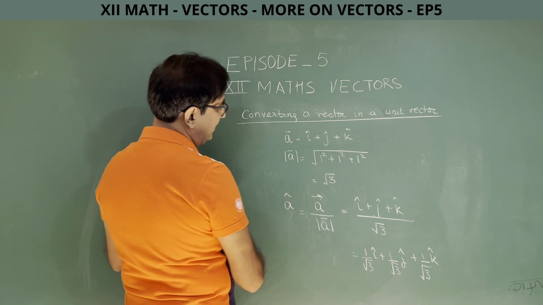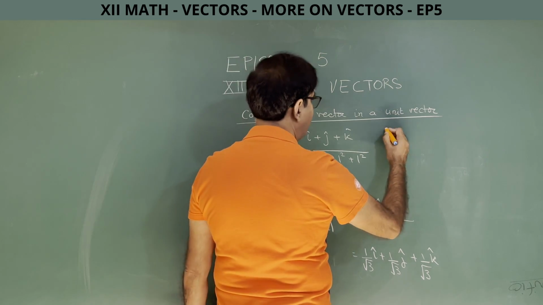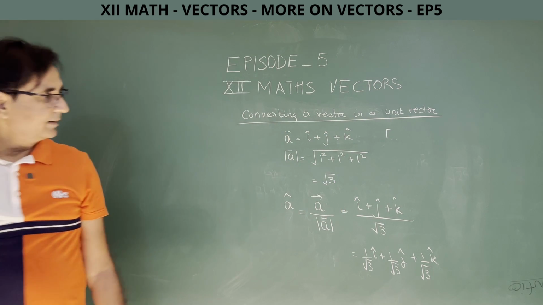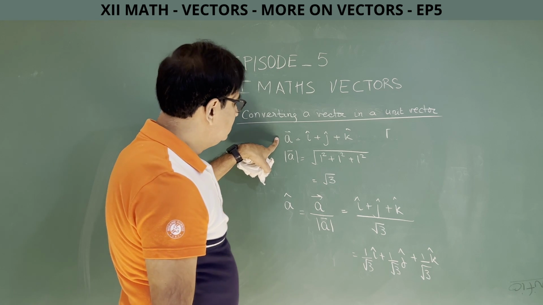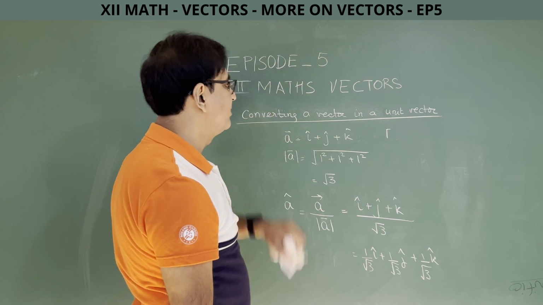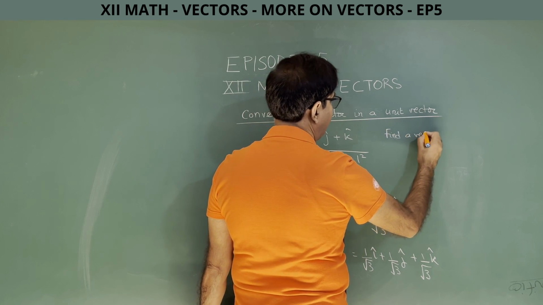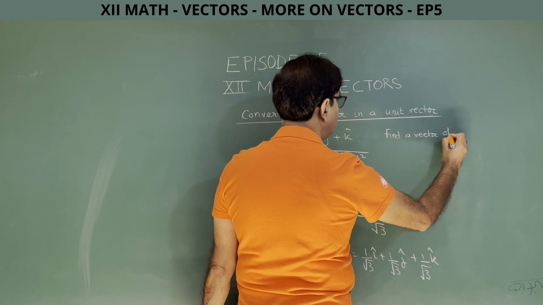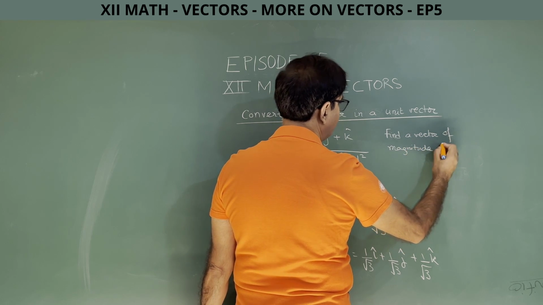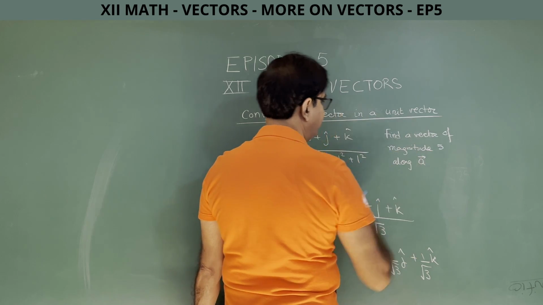Now, I am making another question. You are given vector A, find a vector along the direction of this vector, but not of magnitude 1, say of magnitude 5. So, find a vector of magnitude 5 along vector A. Alright.